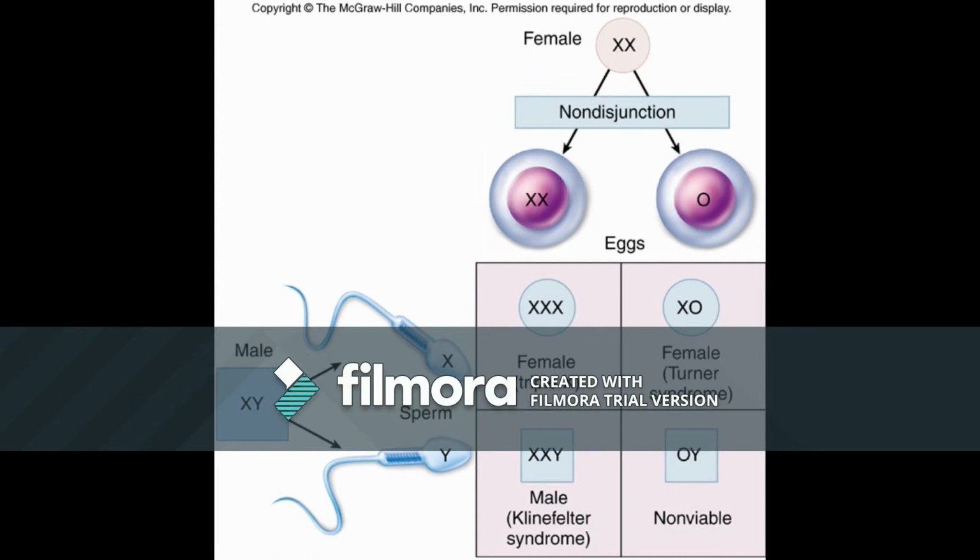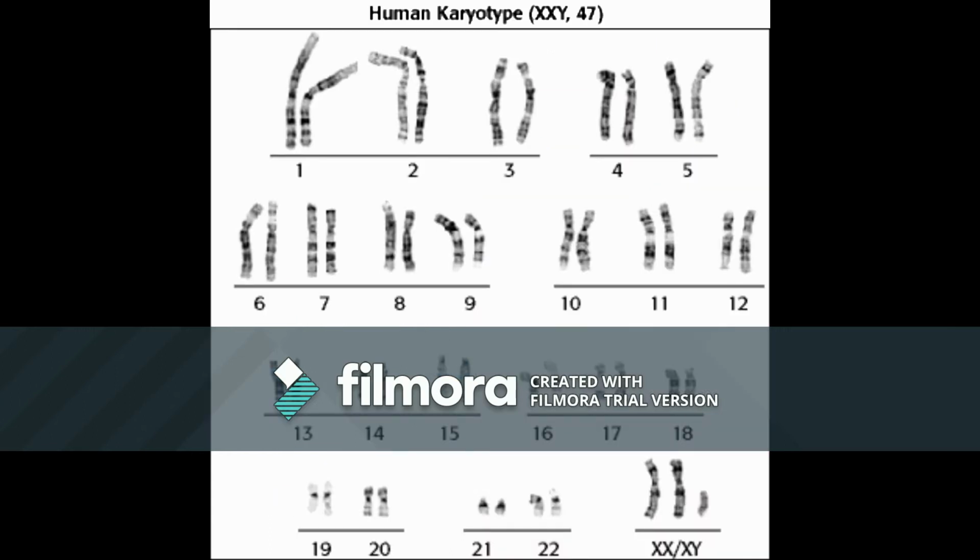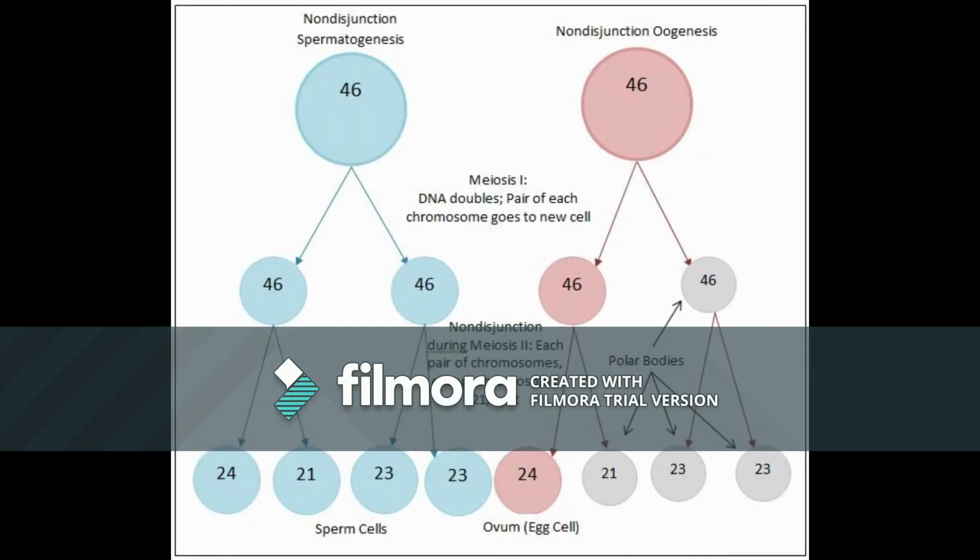How do people get Klinefelter syndrome? Klinefelter syndrome is usually caused by what is called non-disjunction. Non-disjunction happens when a pair of sex chromosomes fails to separate during egg formation. When an egg with an extra X chromosome joins with a normal sperm, the resulting embryo will end up with three sex chromosomes instead of the normal two.